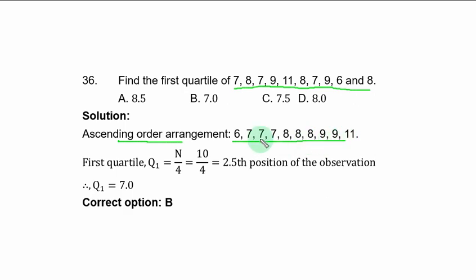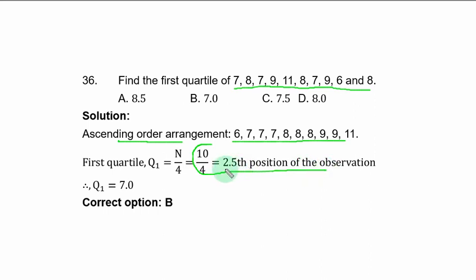Now, quartile divides distribution into 4 equal parts. So the first quartile is 1/4 of the total observation. That is 1/4 times 10, that is 10/4, and that gives 2.5 position of the observation.